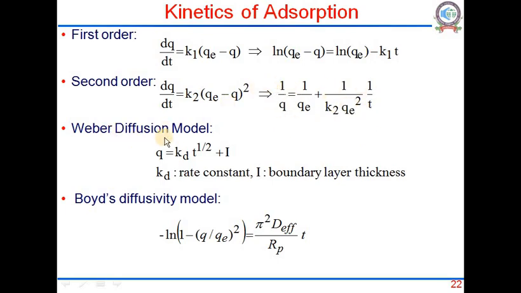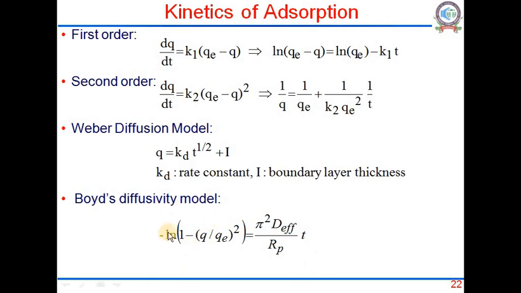There is a Weber diffusion model, which says, remember that diffusion length is proportional to square root of t. So the amount diffused or amount adsorbed can be written in terms of Kd t raised to half plus I. If the kinetics follow this model, then if you plot Q versus t raised to half, you will get slope as Kd and intercept as I. Again, you might have studied diffusion with respect to time and different models.